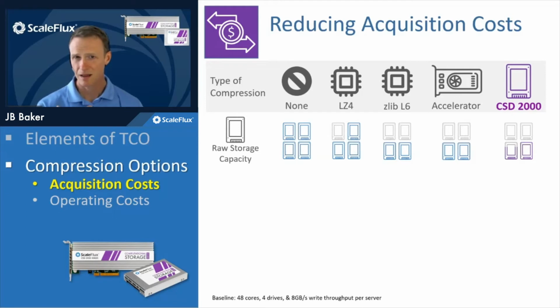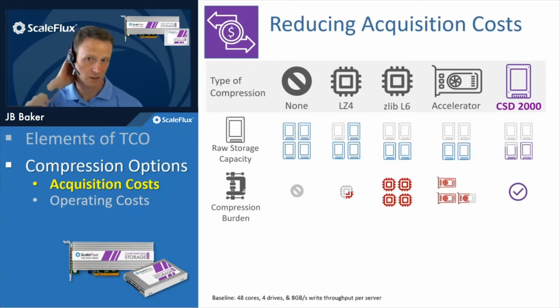But doing that compression may come at a cost, so there might be a burden to doing the compression. With LZ4 on CPUs, it can take 13 CPUs to deliver the 8 gigabytes per second of throughput that you need to fill the write bandwidth of 4 NVMe SSDs. zlib could take 188 cores, so not very attractive.